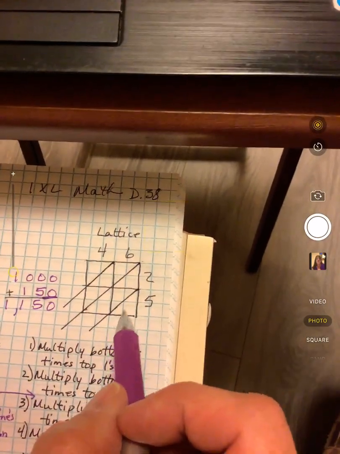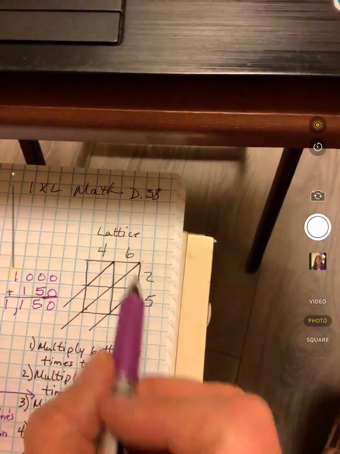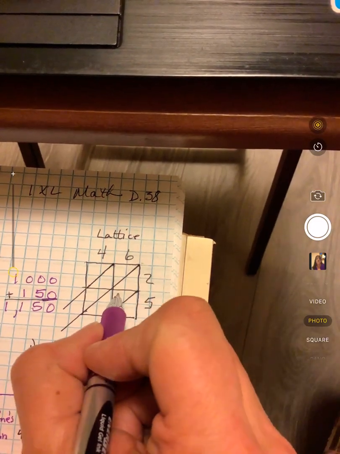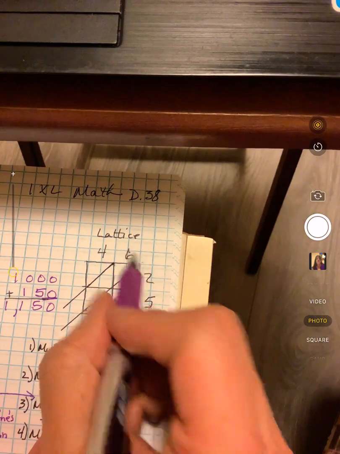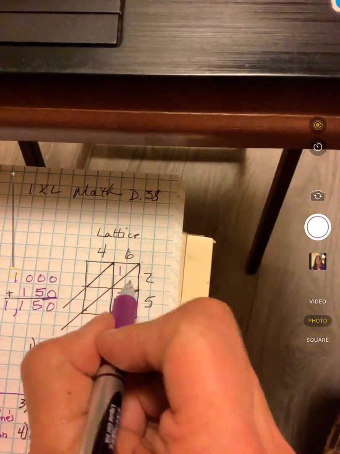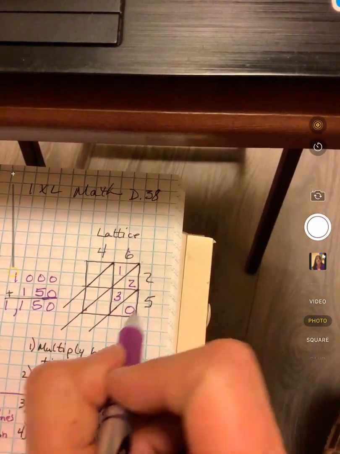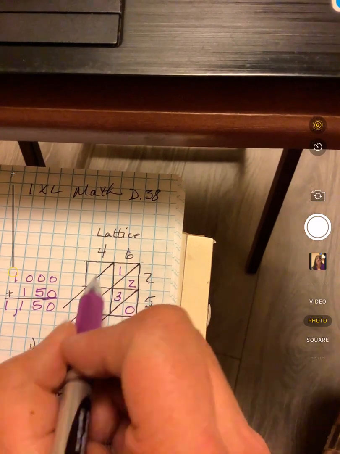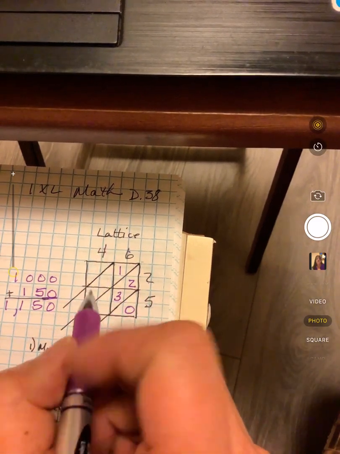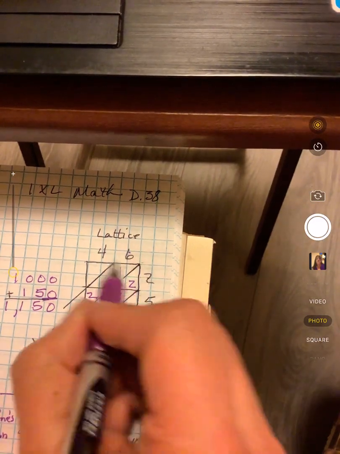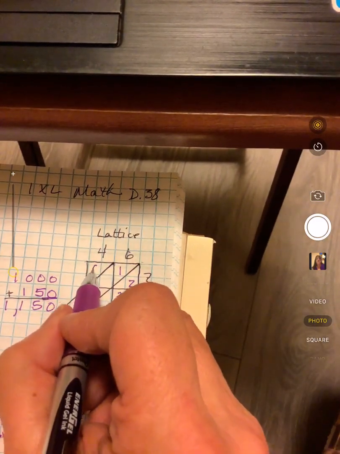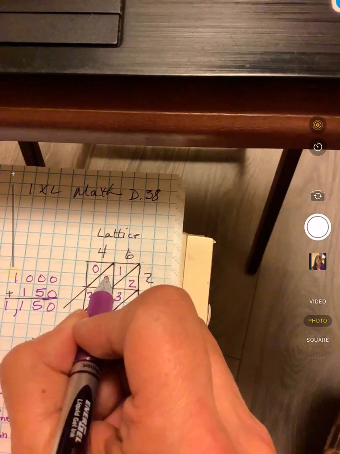And then the lattice, we've got 5 times 6 is 30. Okay, 2 times 6 is 12. Okay, 5 times 4 is 20, and then 2 times 4 is 8, so we go like that.